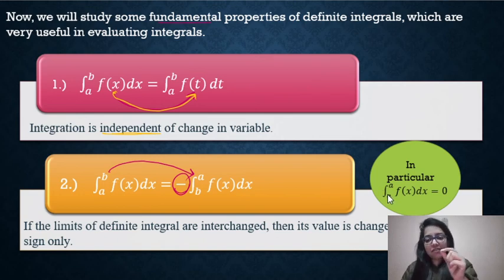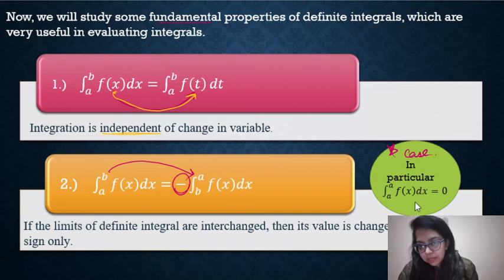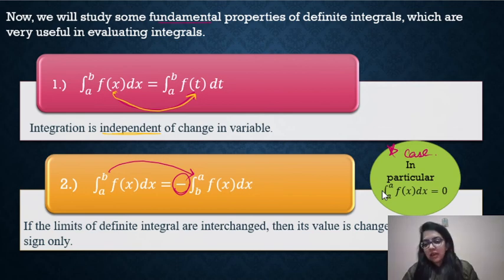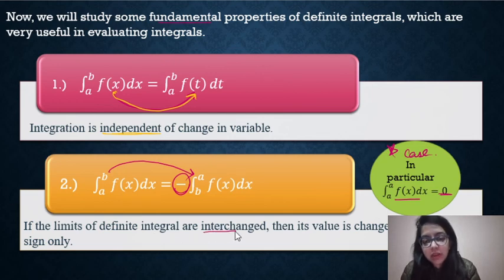The particular case of this is integration from a to a, that is from one point to that same point only: the integration is 0 for any function f(x) with respect to dx. So if the limits of a definite integral are interchanged, a very important point, children, then its value is changed by a negative sign only, as we can see over here.